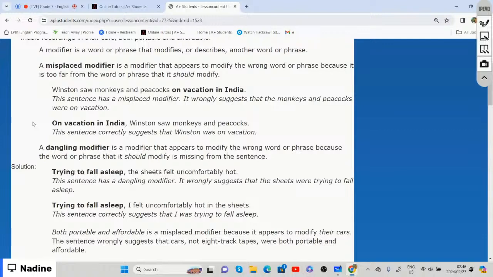But if we correct that, then it's like saying trying to fall asleep, I felt uncomfortably hot in the sheets. So now this specifically suggests that the person was the one trying to fall asleep, not the sheets.